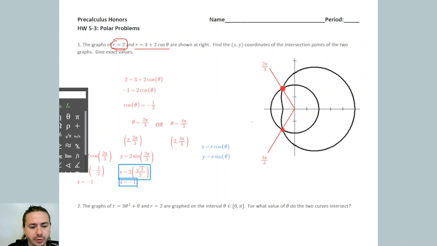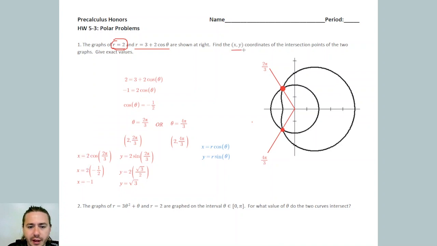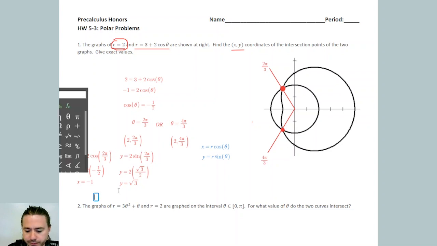Two times root 3 over 2 is just going to be root 3. All right, so now we got our x and y for the first coordinate. So the coordinate in rectangular form, because it is asking us for it in xy, is going to be negative 1, comma, root 3.